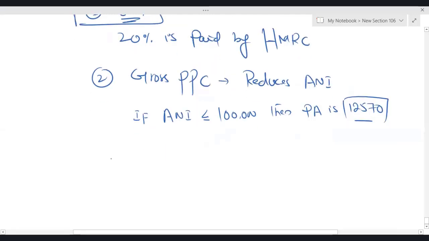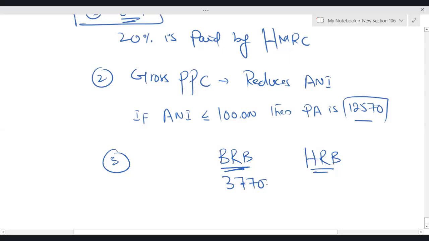Third benefit. The third benefit is the basic rate band and high rate band. Basic rate band limit ends at 37,700. High rate band ends at 1,25,140. Now listen.